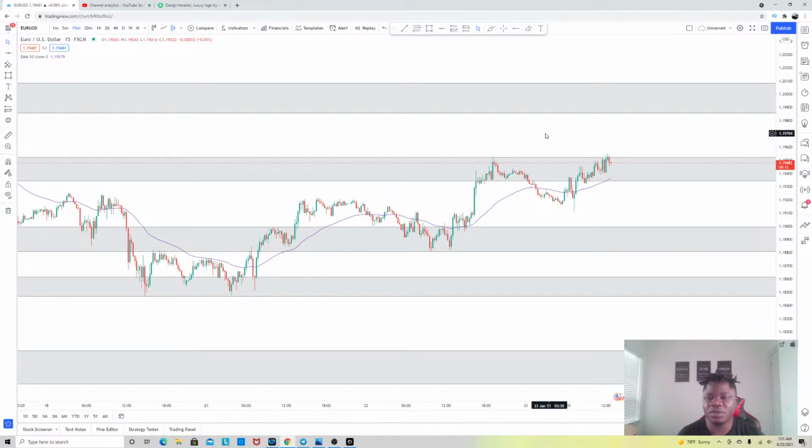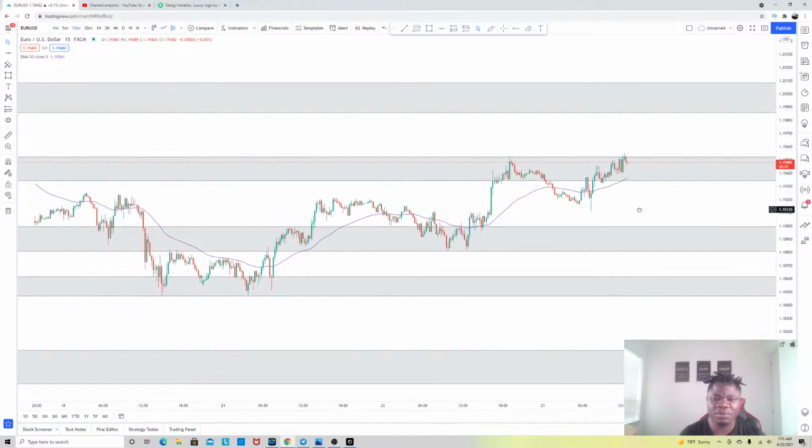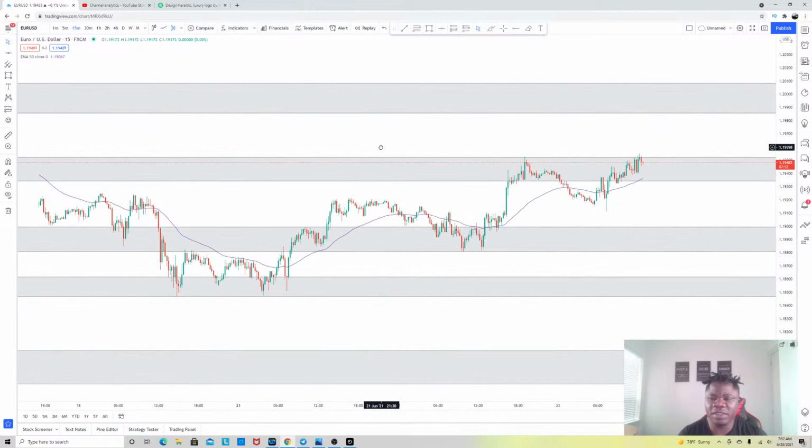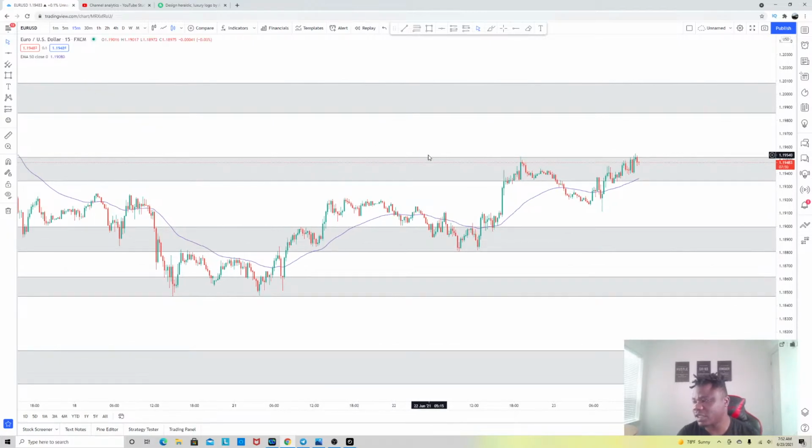So that's what you guys should be looking out for if you're looking to scalp Euro USD. Just wait until we have a break above this resistance zone here, then you can get in for a buy on Euro USD. All these zones were actually marked on the higher time frame, in this case the 4-hour time frame.